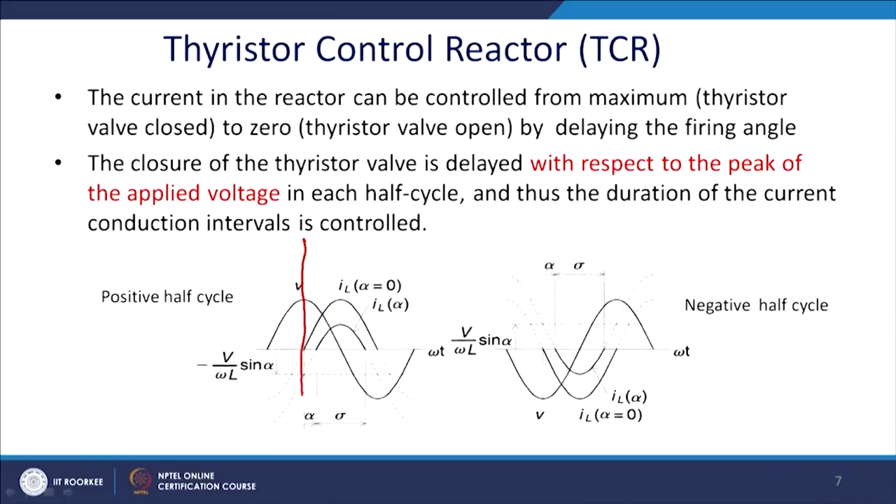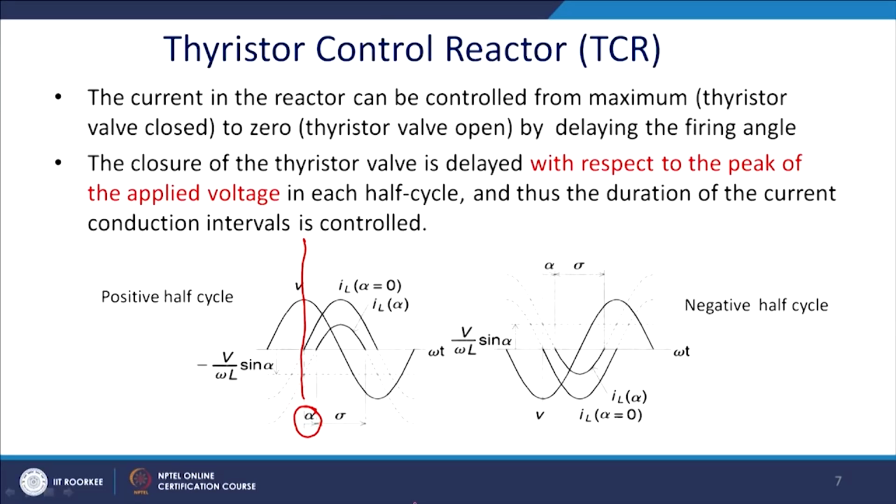Now, let us understand the waveform. We have told you that alpha is required to be 90 degrees, and it is compensating the inductive current. So, definitely it will have a phase lag of 90 degrees.